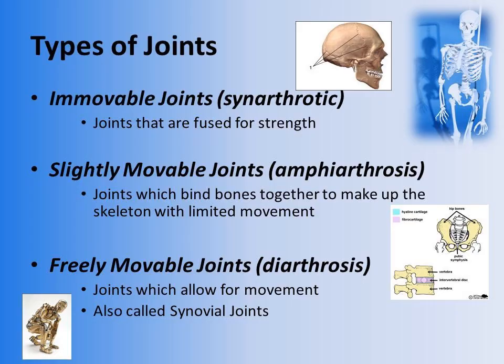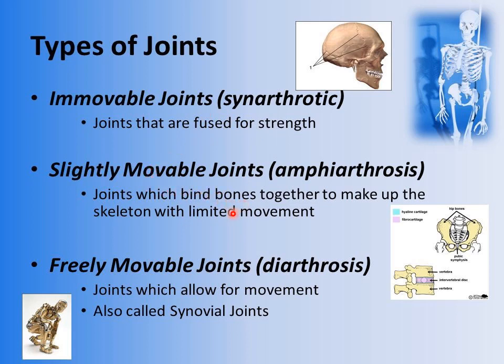Again, the immovable joints are the synarthrotic variety, where the joints are fused only for strength and there is no movement at all. The slightly movable joints are the amphiarthrosis.